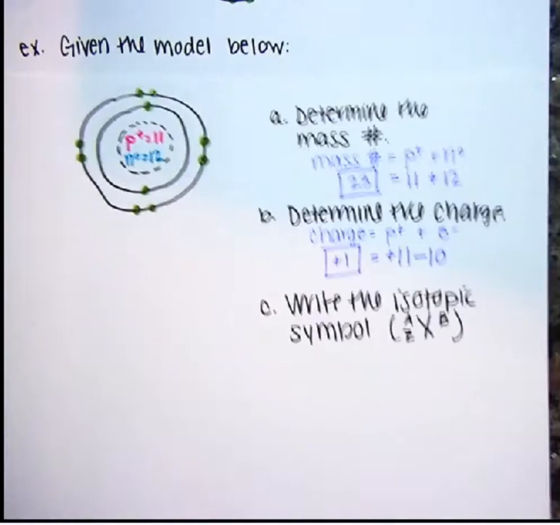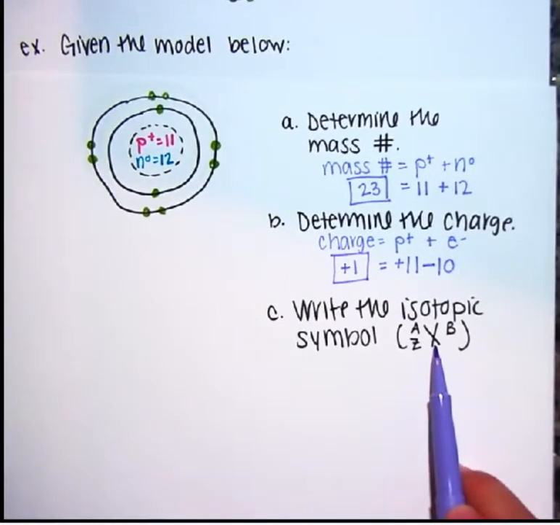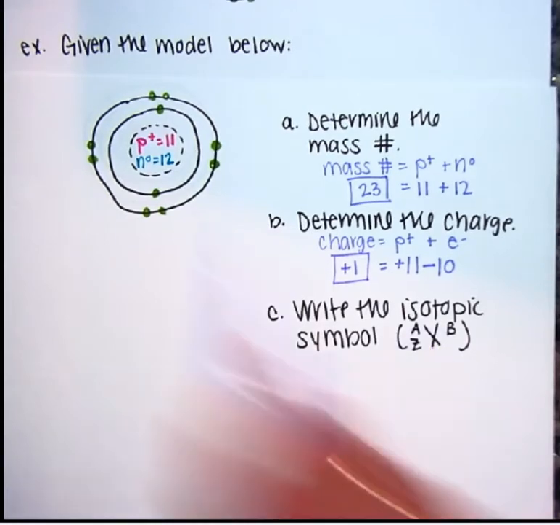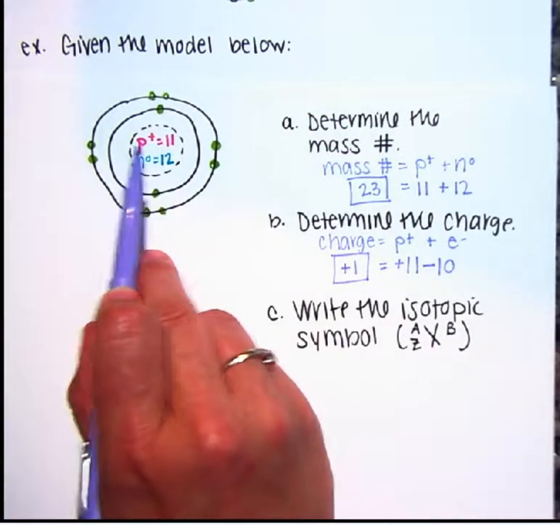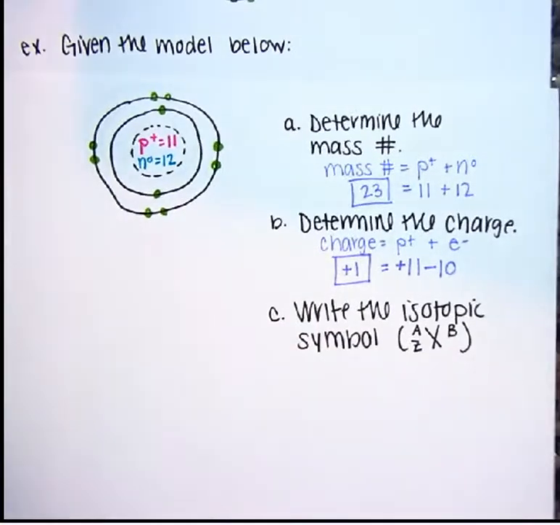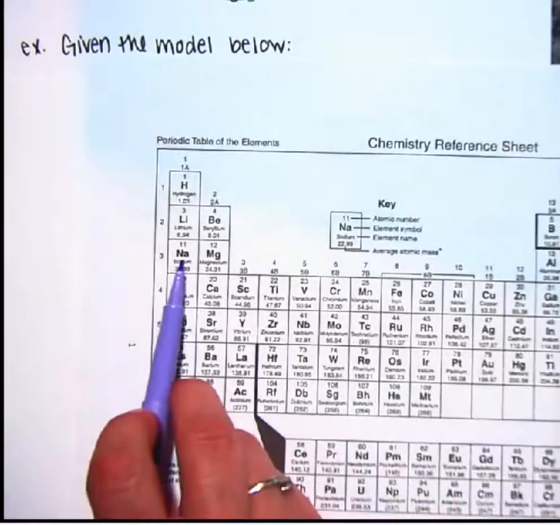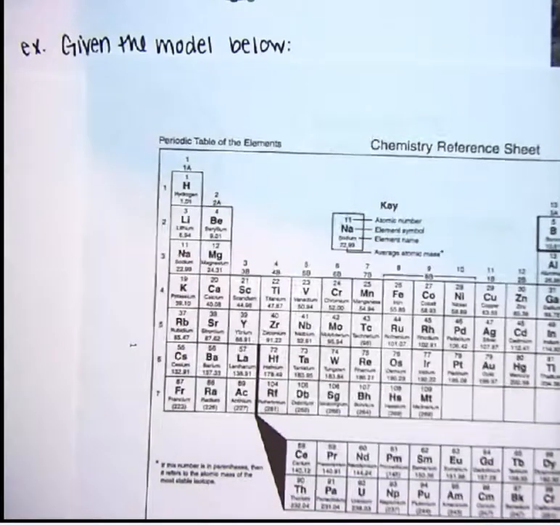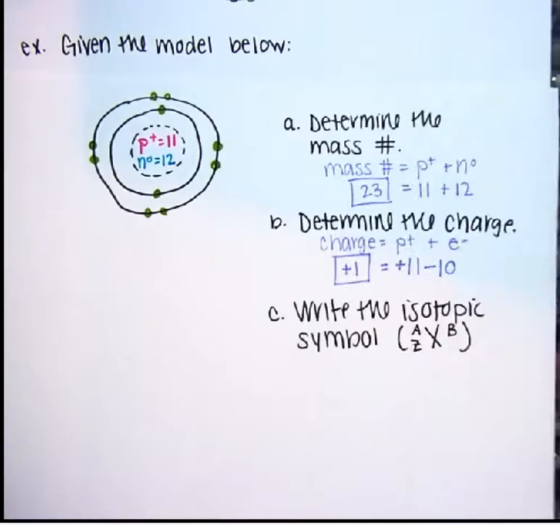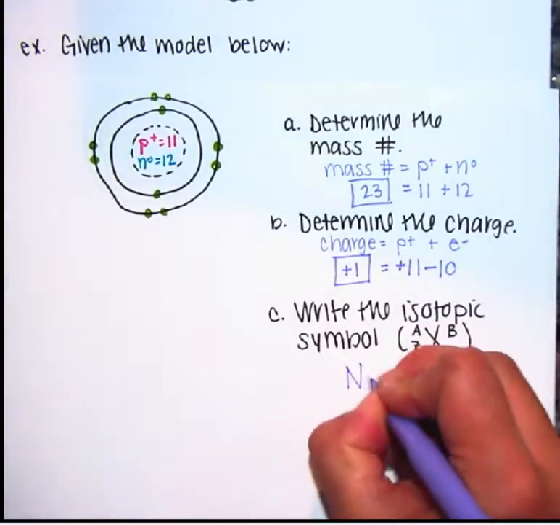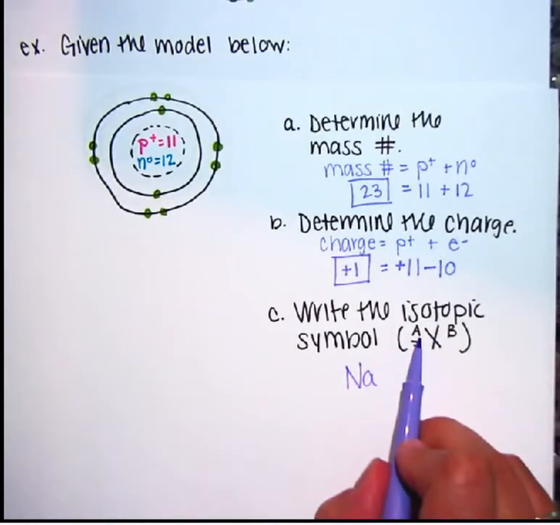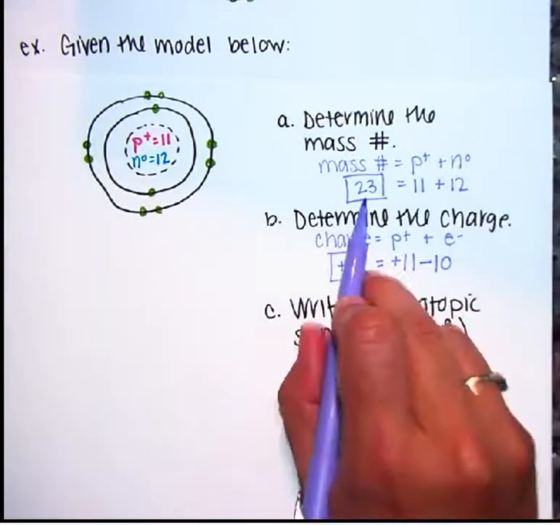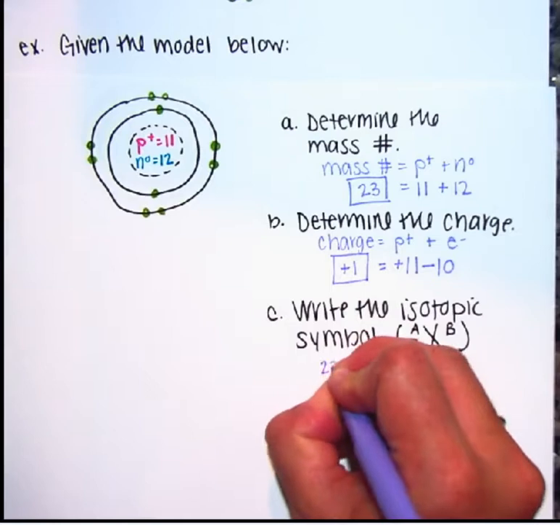When we're writing the symbol, X is the element symbol. The identity is determined by the number of protons. This ion has 11 protons. Atomic number 11 is sodium. The top number, A, represents the mass number, which is 23.